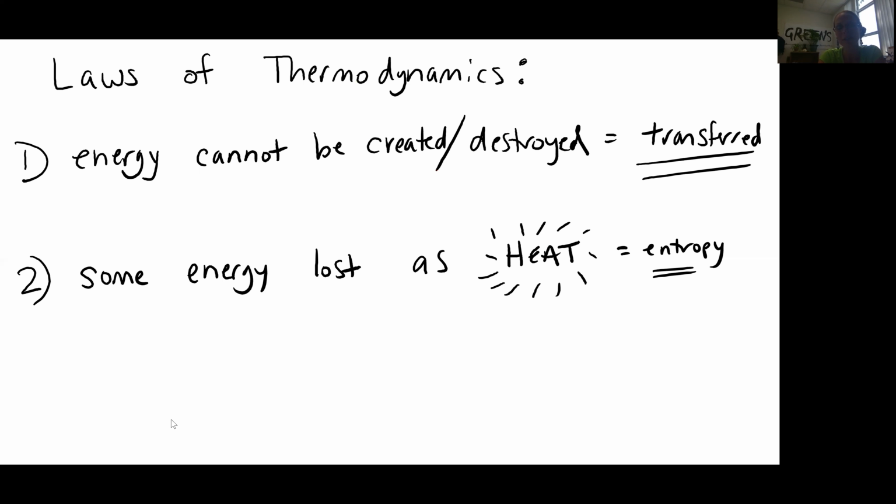So that brings us to our second law of thermodynamics, which is that some energy is lost as heat with each of those transfers, and that's described as entropy. Entropy is this increase of disorder. So when you allow that energy to be lost to the atmosphere as heat, you're increasing your entropy or disorder.